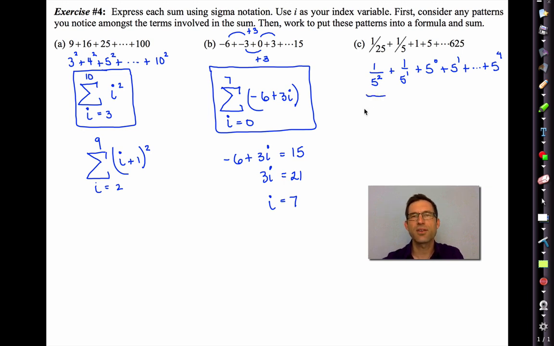Now what is that? That's actually 5 to the negative 2, 5 to the negative 1, 5 to the 0, 5 to the first. So in fact, we can write this as simply the sum from I equals negative 2 to 4 of 5 raised to the I.